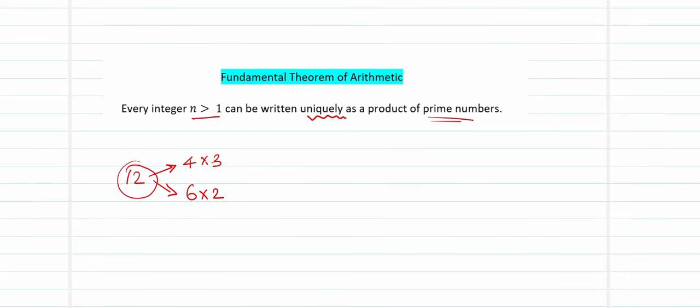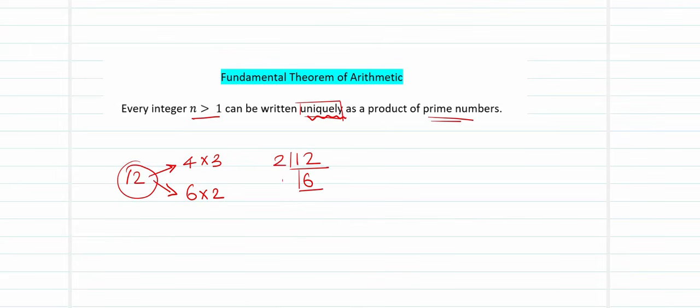But these 4, 3, 6, 2 and so on are not expressions as a product of primes. So when I do the product expression as a prime factorization, then this 12 can be written as a product of primes in exactly one and only one way. So how can I do it? I can split 12, which goes into 6 two times.